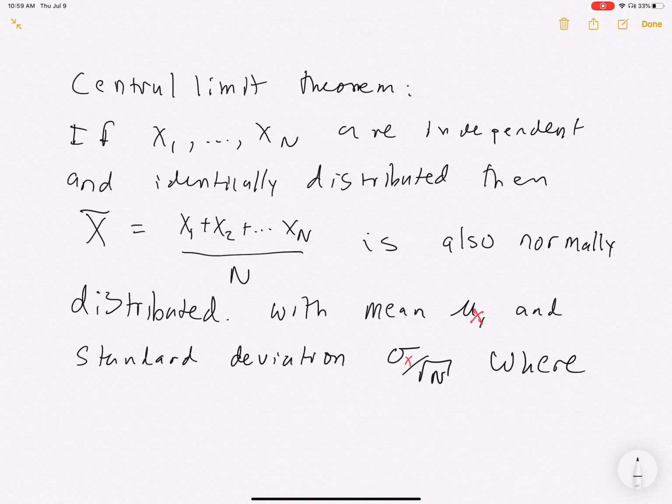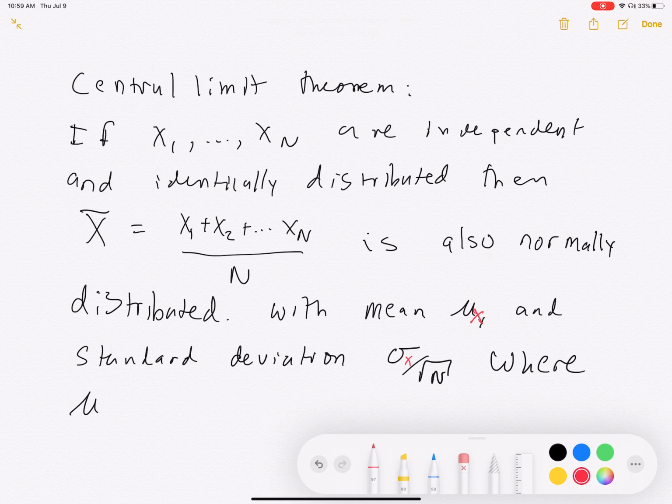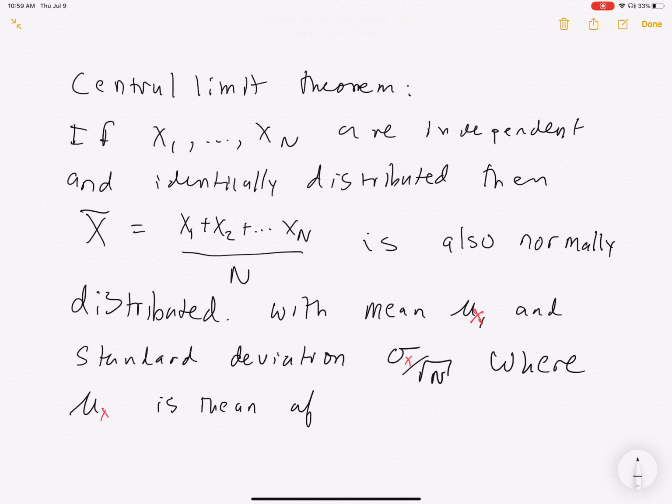So where mu sub x is the mean of x sub i, and sigma squared sub x is the variance of x sub i, the individual observations.